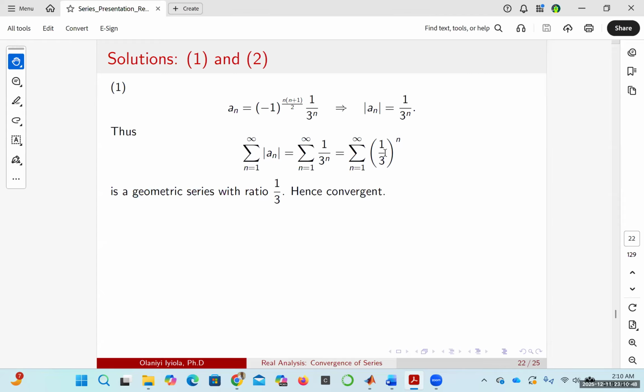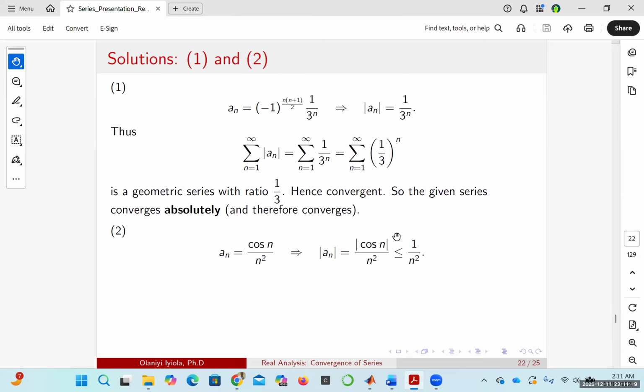We've shown in the previous discussion that when the ratio is less than 1, then the series converges. So this series converges absolutely, because we've just shown that when we put the absolute value of a_n, the series of that converges. And if a series converges absolutely, then it converges as well. So that's the first example.